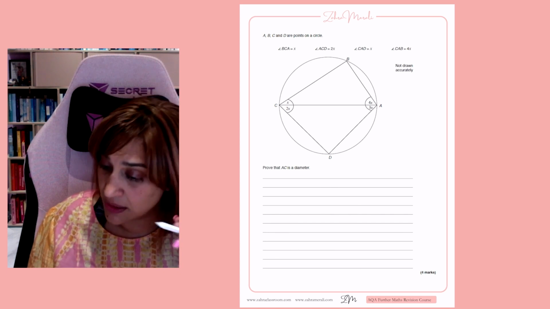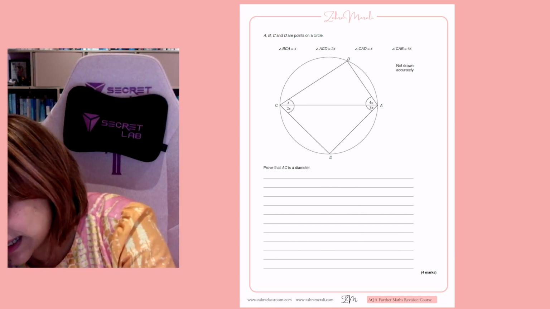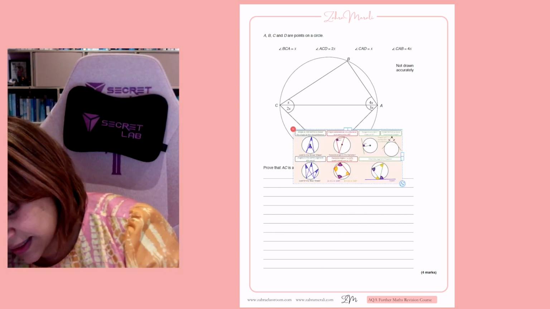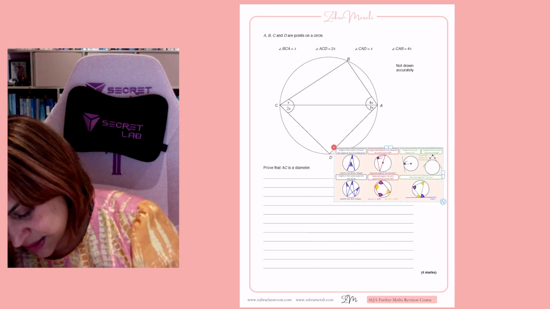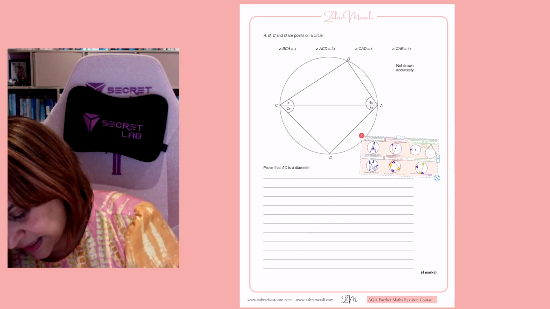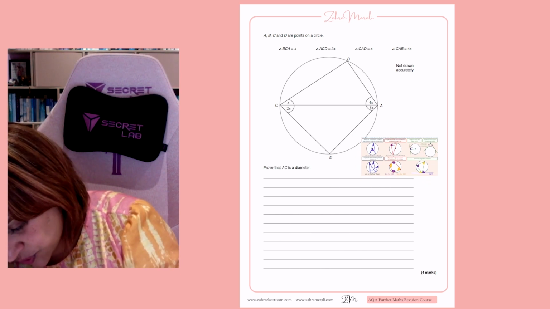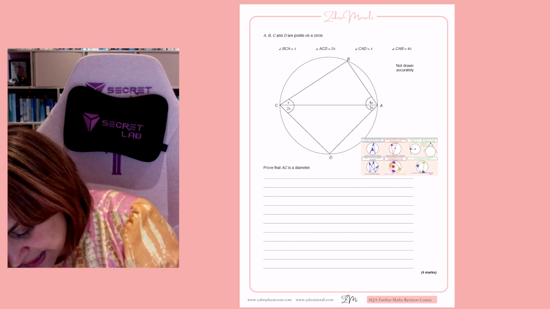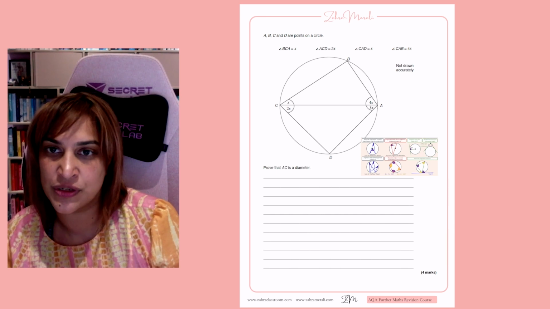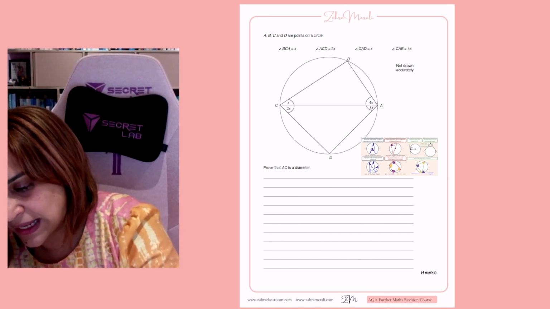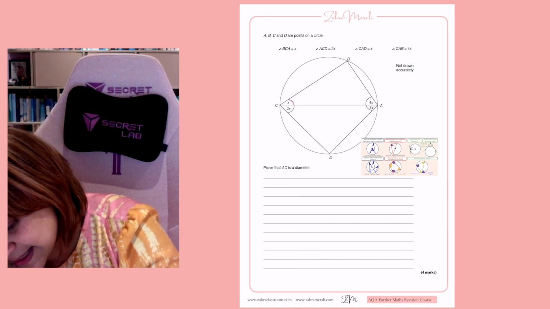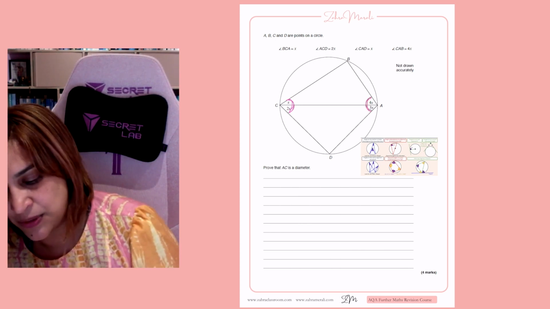However, we have a circle, and as we worked out earlier, if inside our circle we have a 4-sided shape, opposite angles add up to 180. So we know that this plus this must be 180.